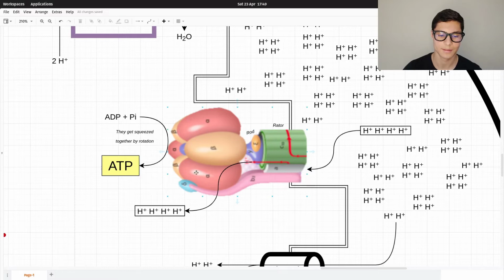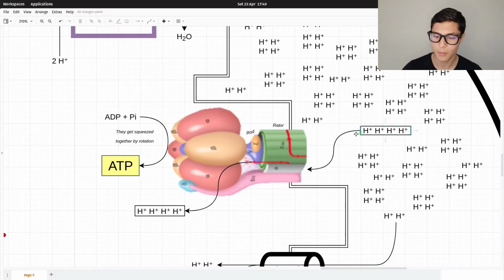And then this big complex of alpha and beta enzymes are going to create ATP, because they have both ADP and phosphate groups. Because of the rotation, these two get squeezed together and this creates ATP.